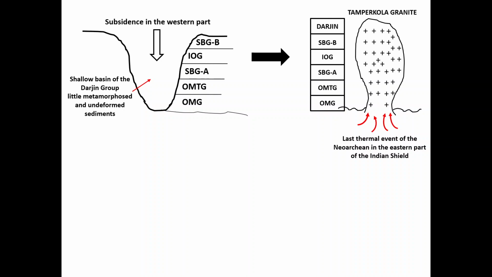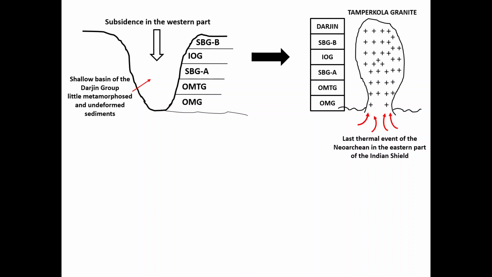Then the southward subduction of Chota Nagpur plate and the back arc zone evolving in the Singhbhum mobile belt. So the rock successions which lie to the north of Singhbhum shear zone extend in a series of east-west folds, and this succession has been named as the Singhbhum group.